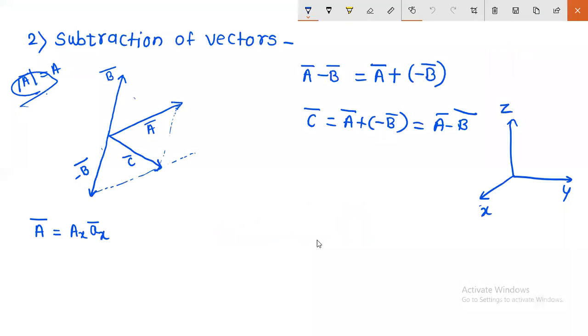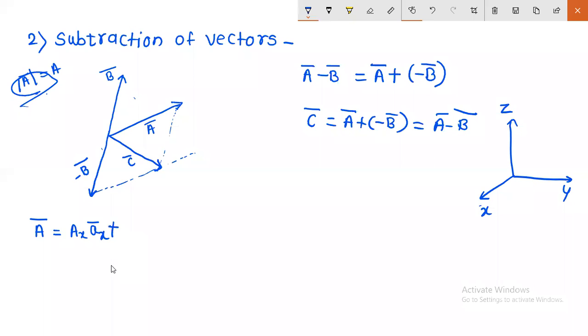Okay, so everyone understood? Now, our second direction is y, right? Tell me, how can I write this vector a bar in y direction? Capital A, Y into small a bar y.